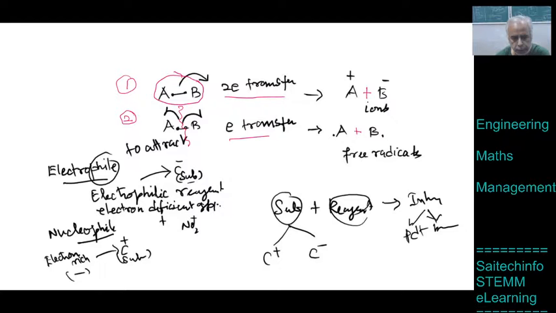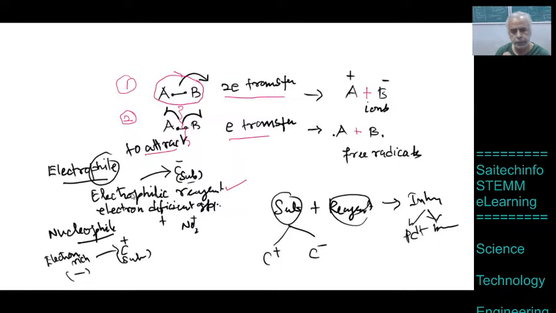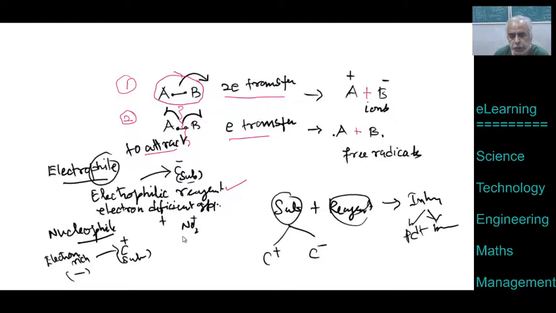Electrophile means, philo means to attract. So we have already talked about this electrophile, which is also called electrophilic reagent. It is an electron deficient group, and that is why it goes in search of an electron rich center. So it should be a positive ion, nitronium ion for example.